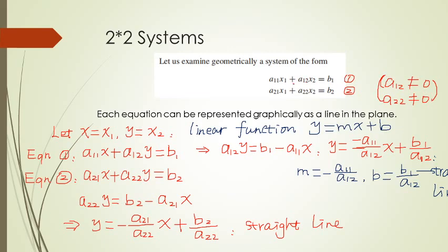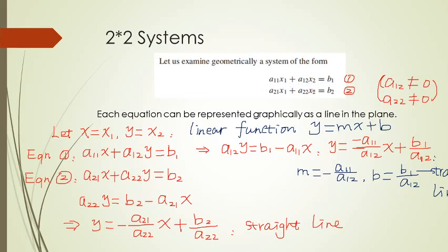And by the way, what happens if those two equal 0? Let's think about it. If A12 equals 0, that means A11x1 equals B1, so x1 equals B1 over A11. So that is just a vertical line.